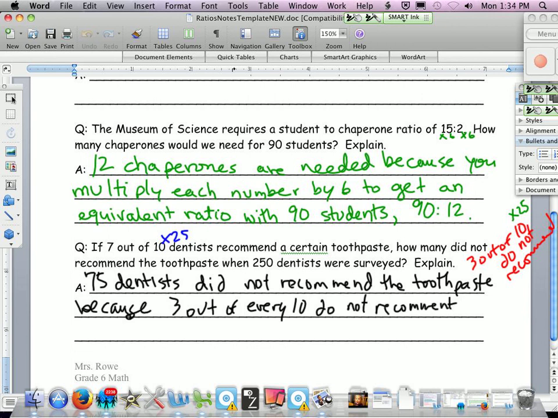And there are 25 groups of 10. So multiply 3 by 25.